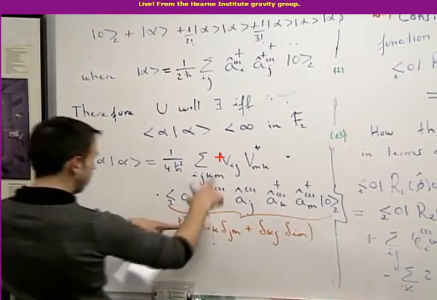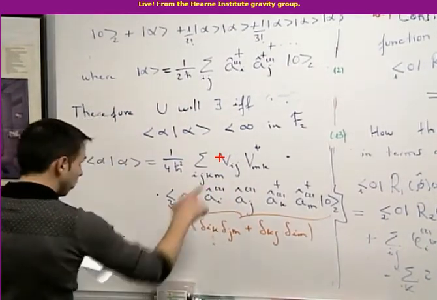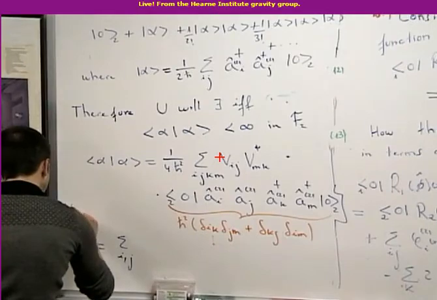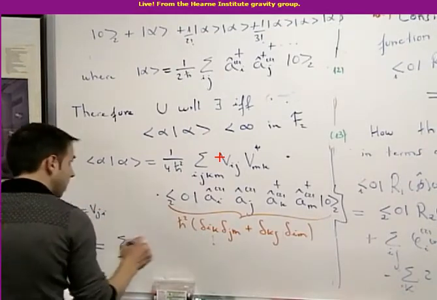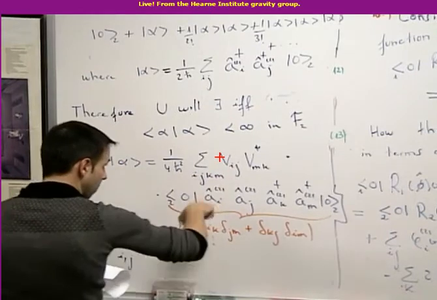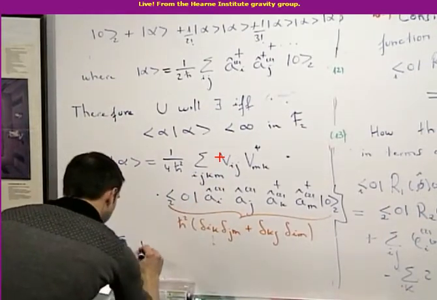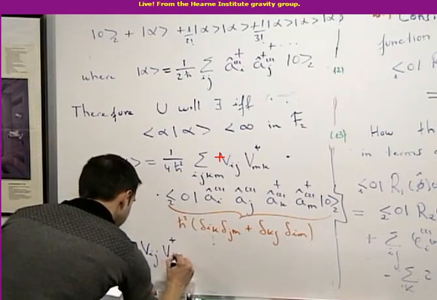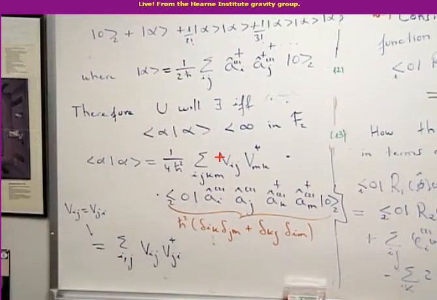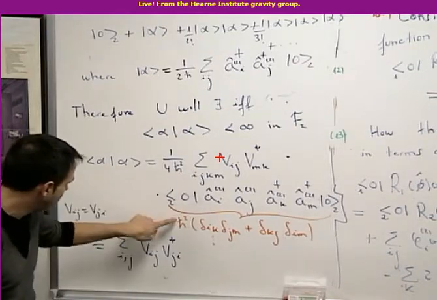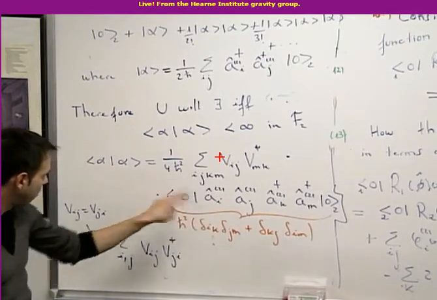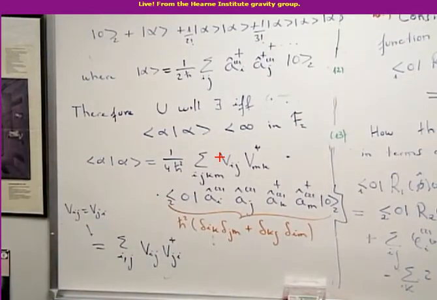If you just do the sum with these guys, and you use the symmetry of V, so use that V_ij is equal to V_ji, you get just from here with all the deltas this. The h bar squared cancels with this one. The 4 cancels because first of all we have two terms, and that gives me a 2, and the other two are the same. So one gets that.